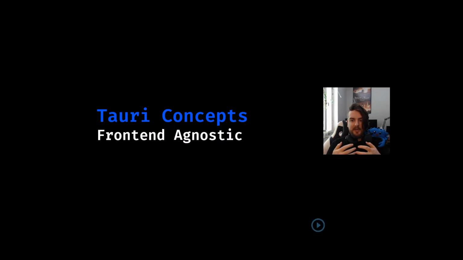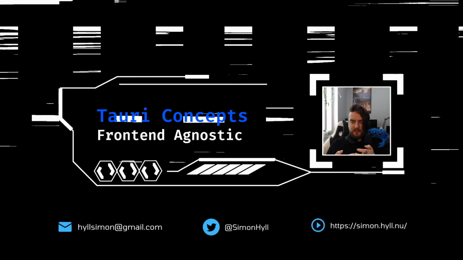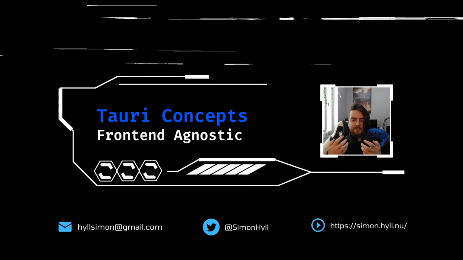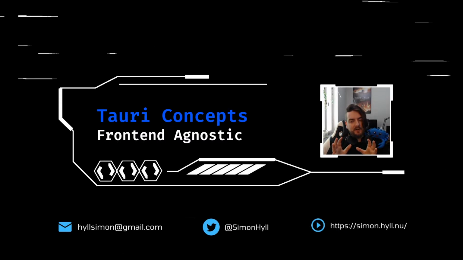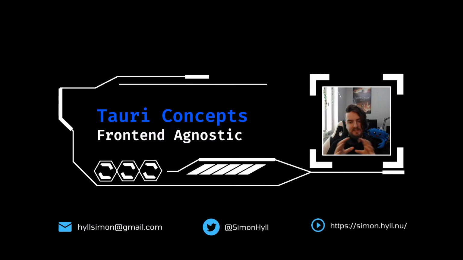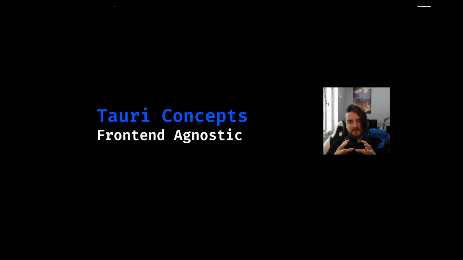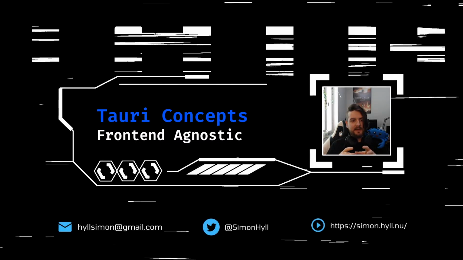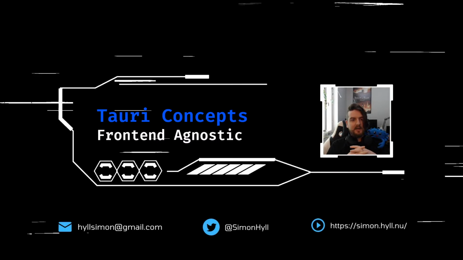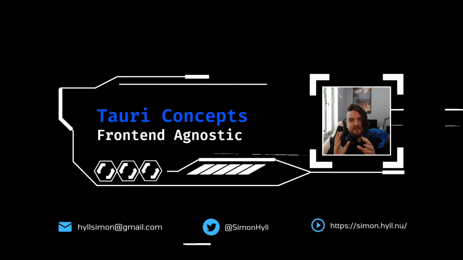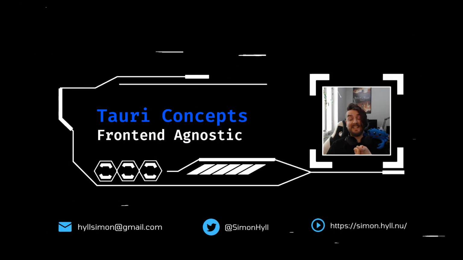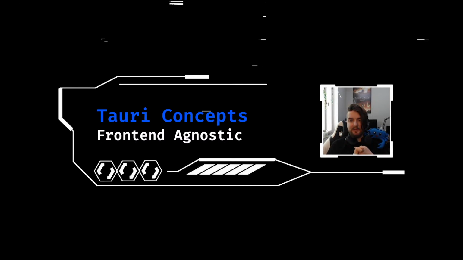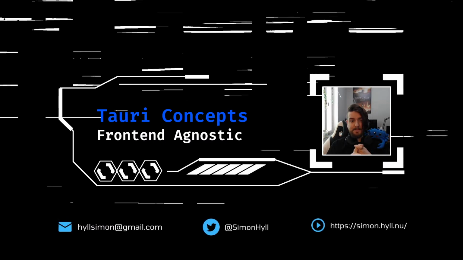So that's a little bit about what front-end agnostic means. Tauri is front-end agnostic, not back-end agnostic. Do not sidecar things. It's insecure and performs much, much worse than what you might think. I saw a post the other day about someone having made a Next.js API routing available for Tauri.